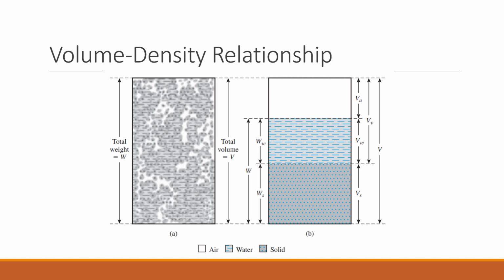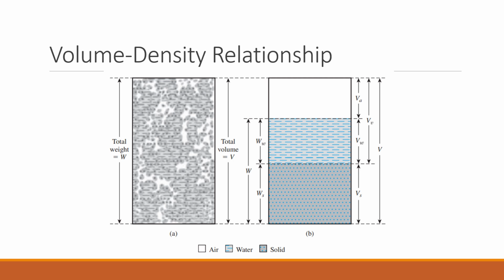But we know that a soil sample, or a volume of soil, is not composed of soil alone. There are also other components in a soil sample, which are the air, the water, and the soil solids themselves.